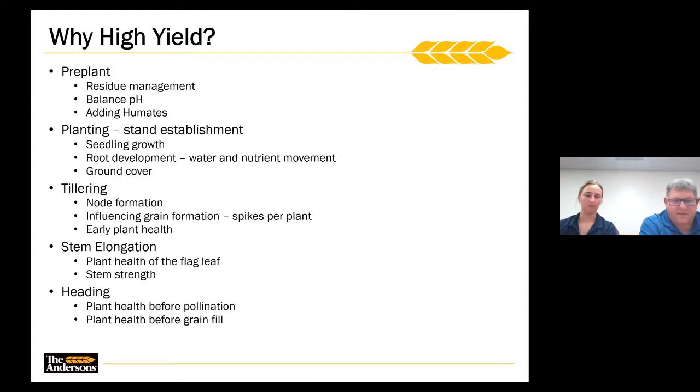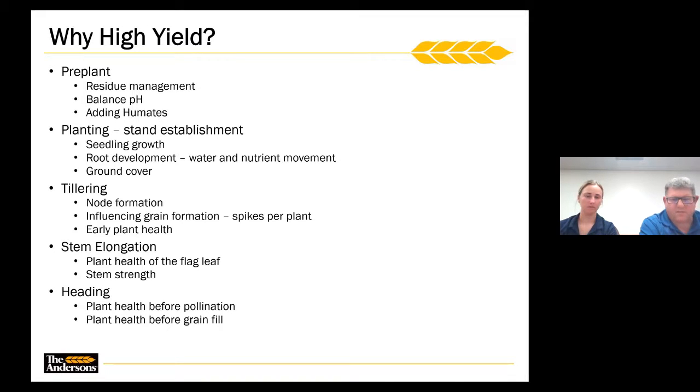On the tillering side, this is where we're going to influence our grain formation, the number of spikes in that plant, and this is where we're going to determine our yield, early in the growing season during tillering. Stem elongation is how we establish plant health as we move towards the flag leaf and heading, in terms of stem strength.